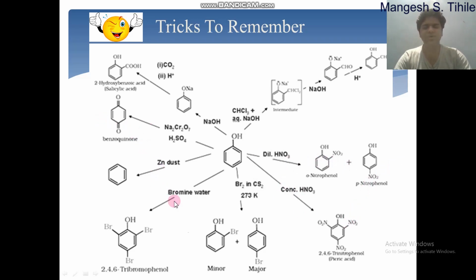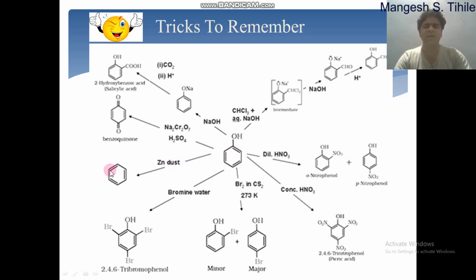Similarly, if you do the reaction of phenol with bromine in presence of carbon disulfide and bromine in presence of water, it results in different types of products. You people keep in your mind. Okay, so if we do the reaction of a phenol with bromine in water, it results into the formation of 2,4,6 tribromophenol.